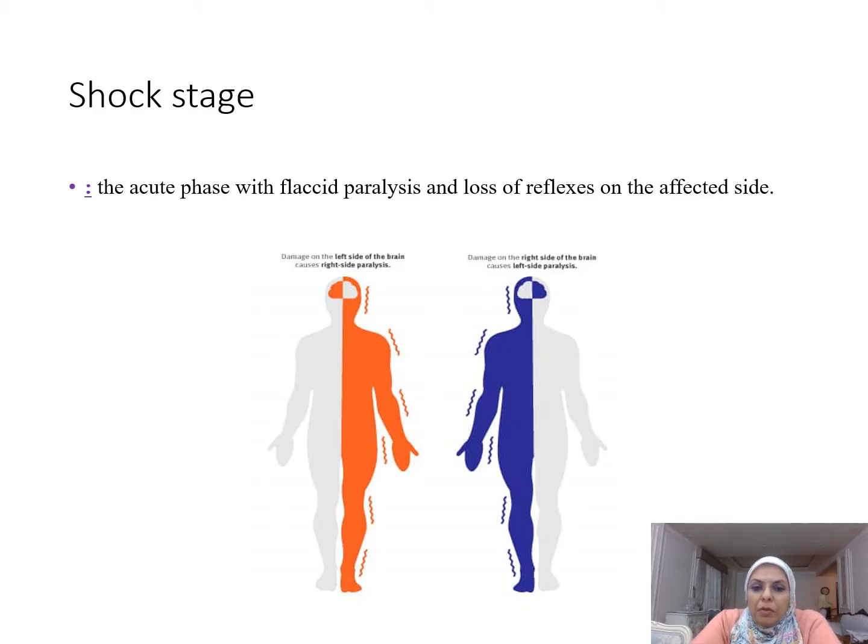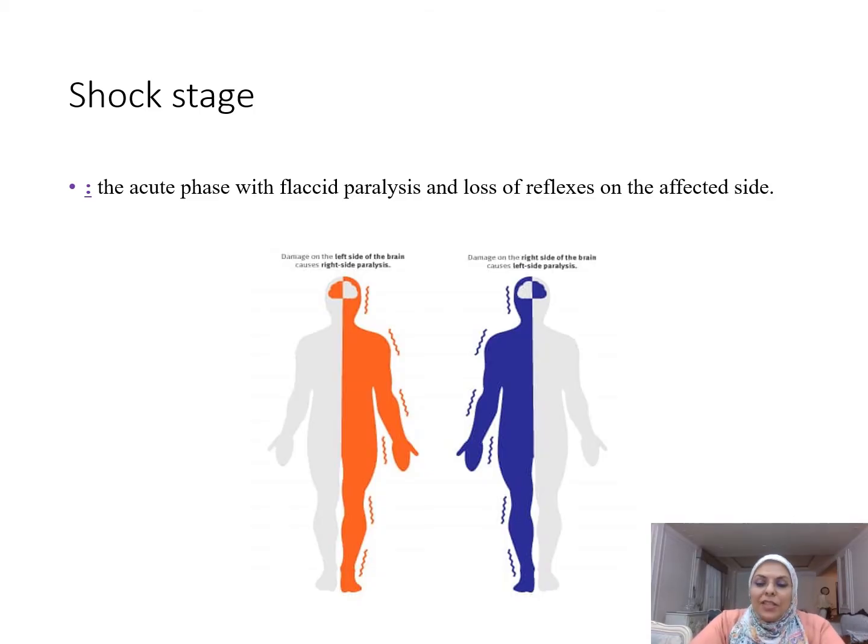But when a cerebrovascular accident happens, we'll take this example on the right side, the patient has an insult that resulted in left-sided hemiplegia. If this is due to an acute or sudden onset, due to an infection or trauma, the area where the lesion is will have something called the shock stage. The shock stage is when the affected brain area shuts down to allow the repair.